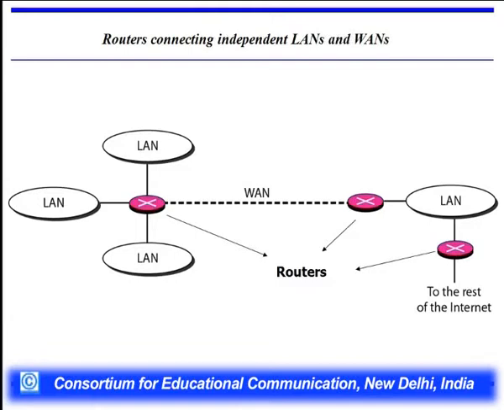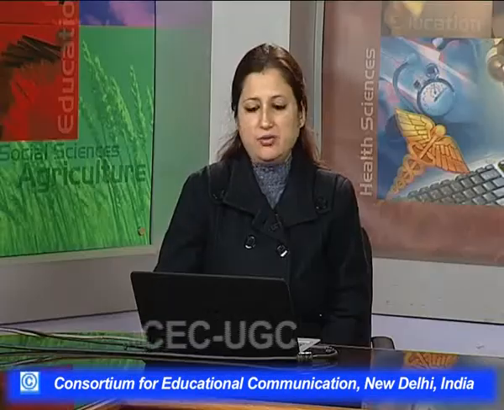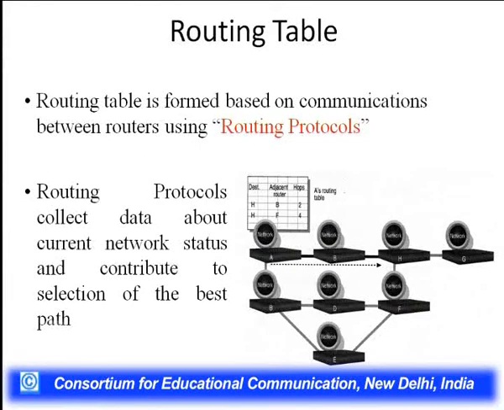Routers can be used to connect either local area networks or wide area networks and local area networks together. Now, the routing table is formed on the basis of communication between the different hosts on the network, or different routers which are using a routing protocol.